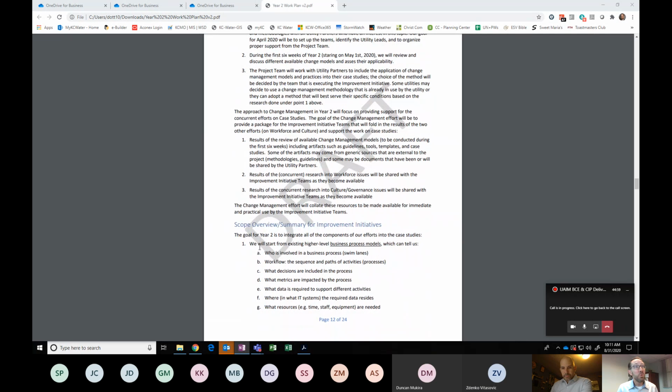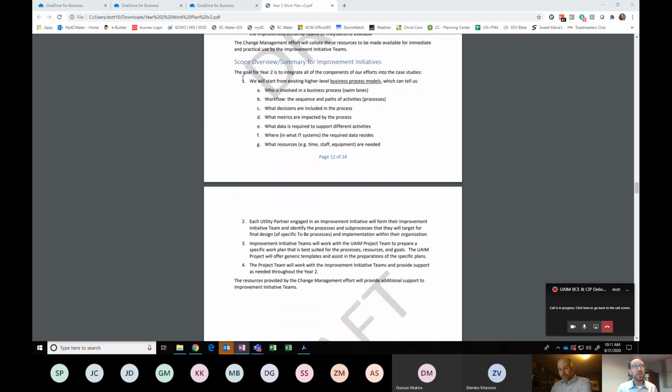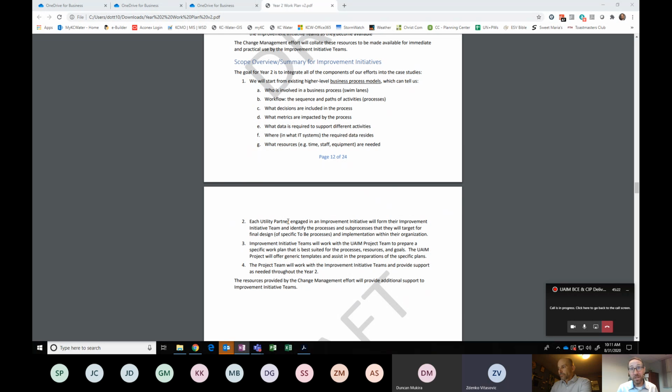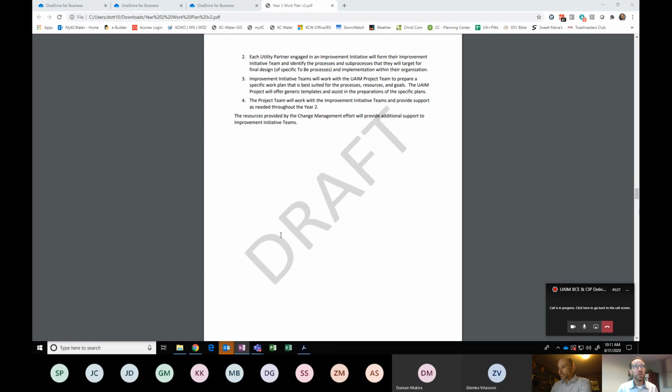But on page 12, the bottom of page 12 is really some great stuff on how to develop a scope for whatever improvement initiative you decide to tackle. So this is really where we're at, I think, getting refocused and looking at pages 12 through 24 and using that as an outline for us to figure out a path forward for what we're doing.